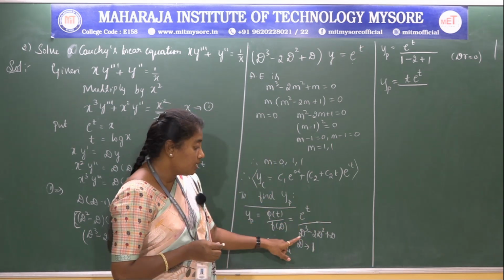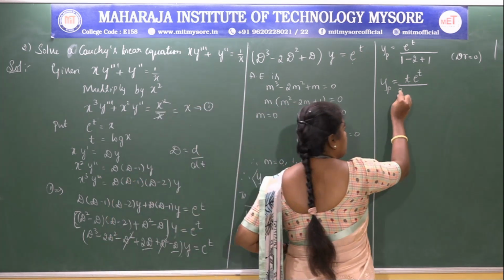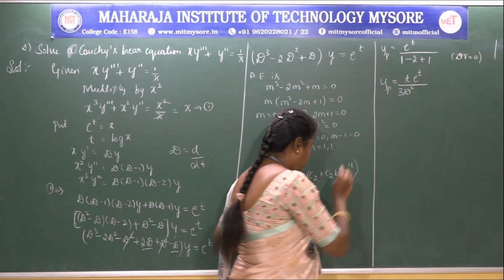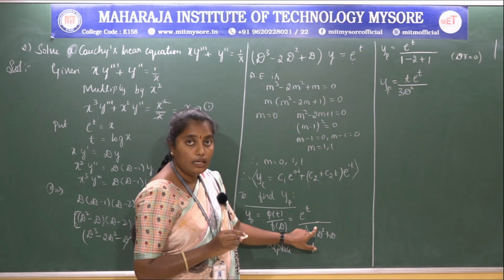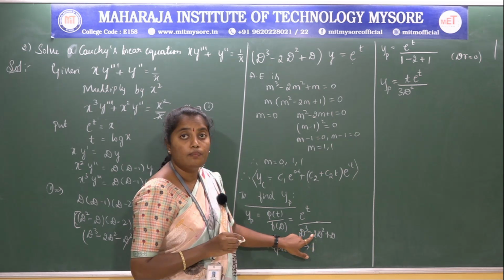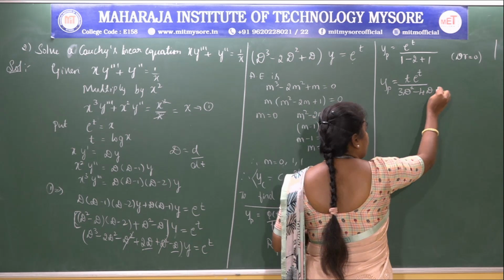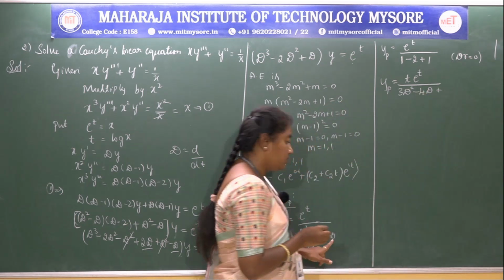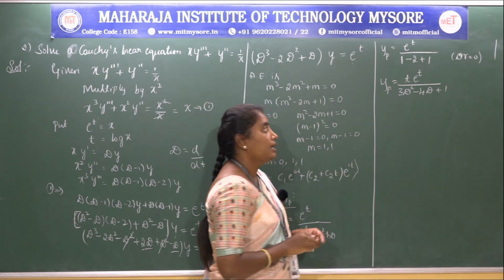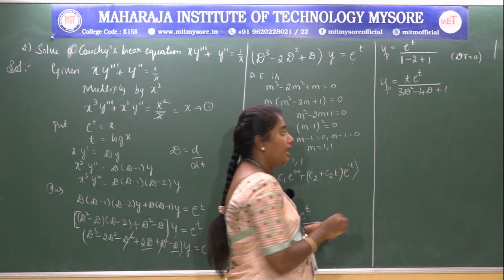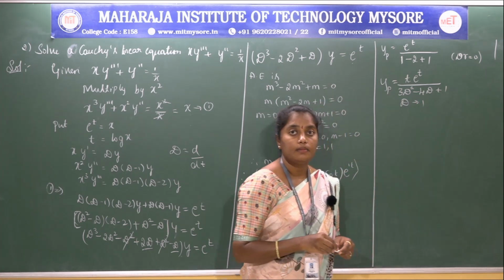Differentiating the denominator, differentiation of D cube is 3D square, minus differentiation of 2D square is 4D, plus differentiation of D is 1, giving 3D square minus 4D plus 1. Again replace the value of D by 1.